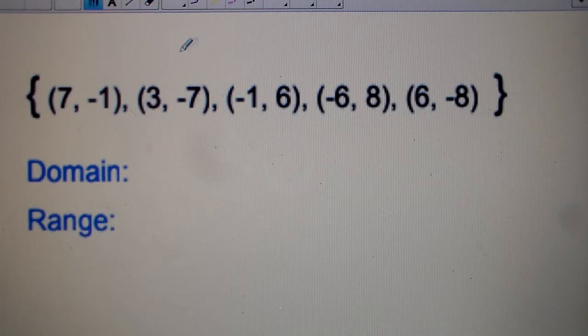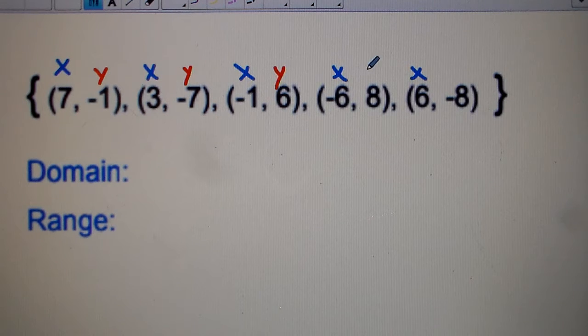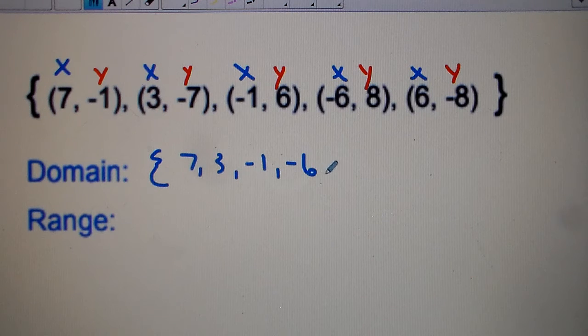Let's do one last one of this type. So you know the first number in the coordinate is the x value. The second number in the coordinate, you know, is the y value. So the domain is our x values, so 7, 3, -1, -6, and 6.